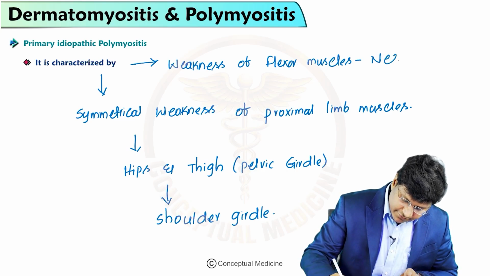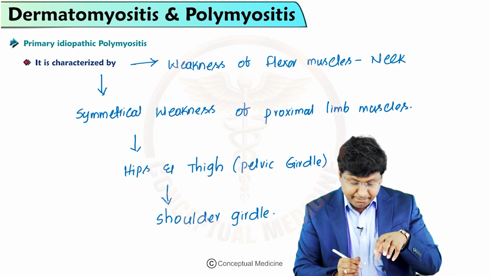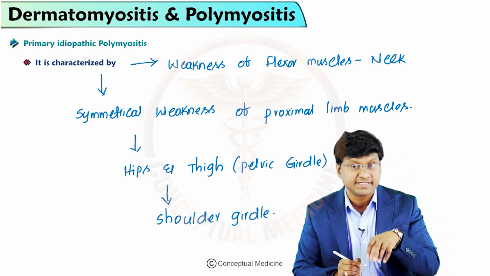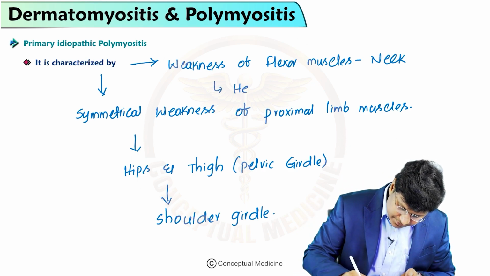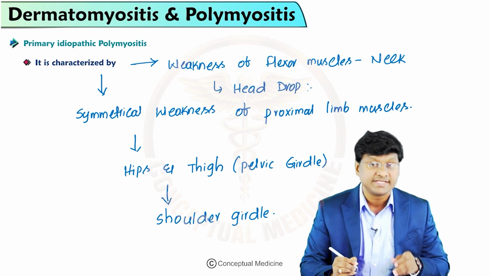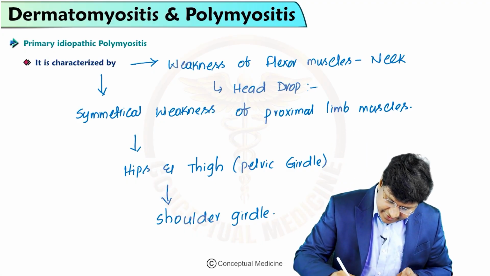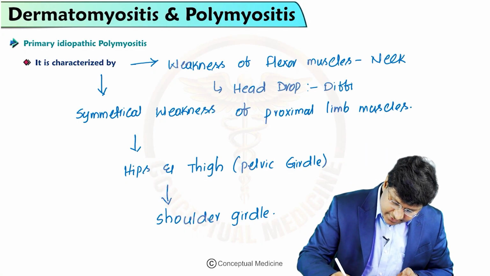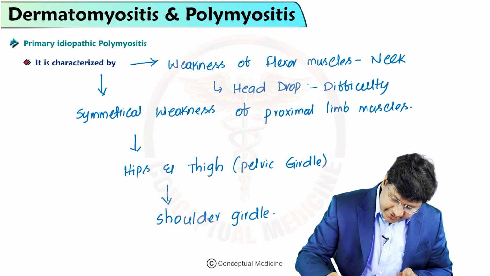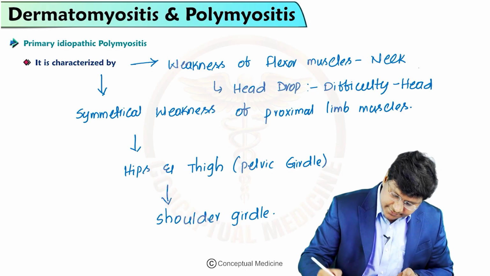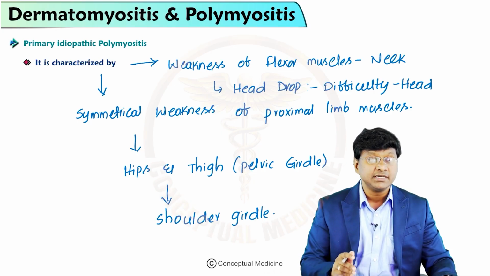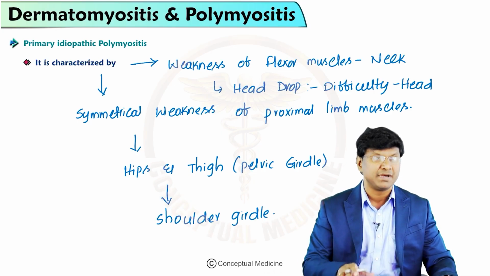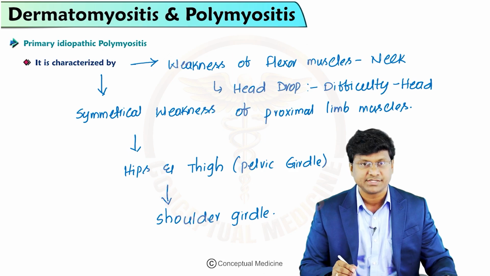Because of the weakness of the flexor muscles of the neck, they have head drop, that is, they have difficulty in holding the head up. That is the characteristic feature of the muscle involvement in patients with polymyositis.